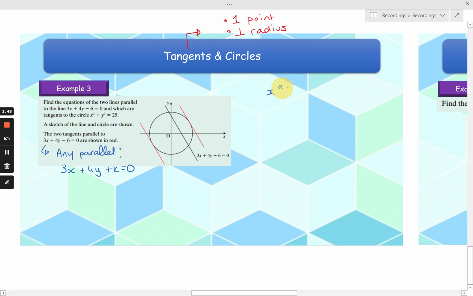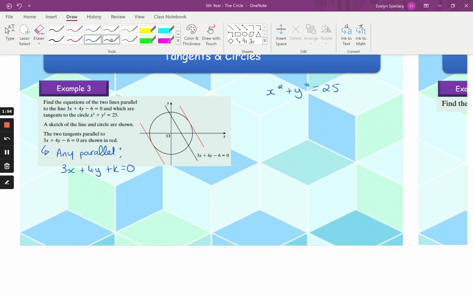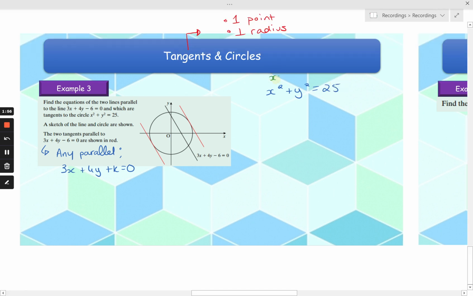So we can see that our formula given for the circle is x² + y² = 25, which resembles the formula we did at the very start of coordinate geometry of the circle, x² + y² = r². So we can say that the center of this circle is (0, 0), and that r squared, the radius squared, is equal to 25.